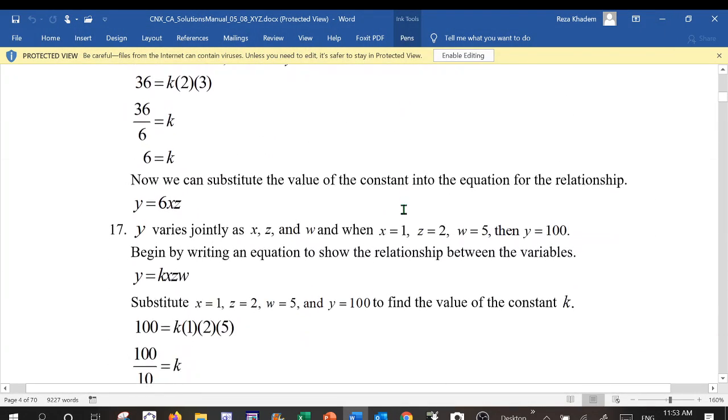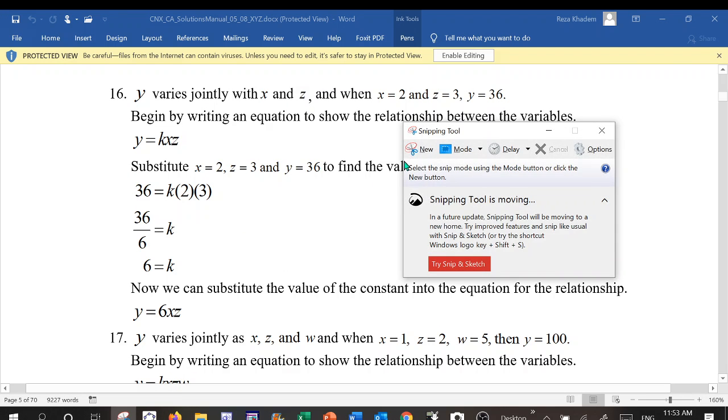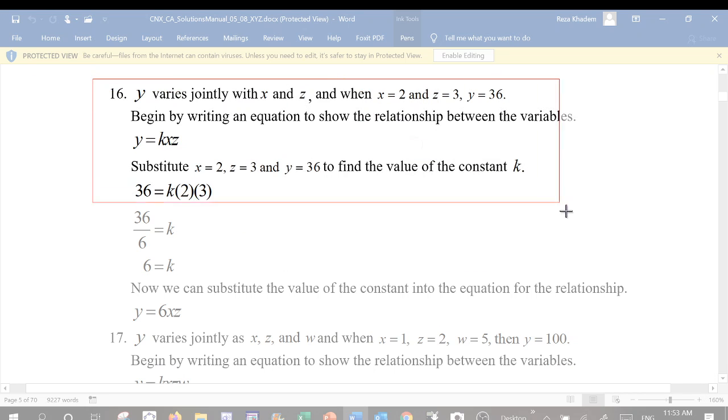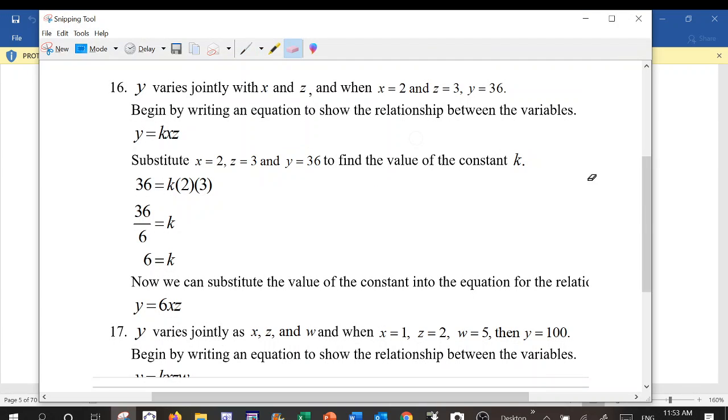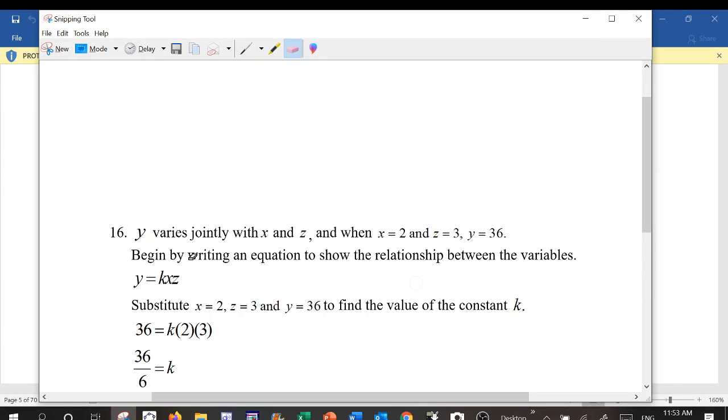What about 16? Well, in 16 we are told y varies jointly with x and z. What does that mean? That means y varies jointly with x and z at the same time. So y equals some k times x times z.